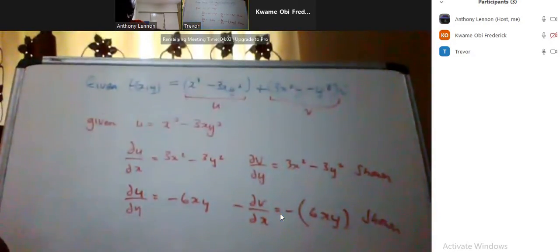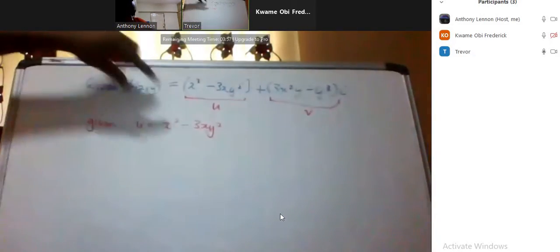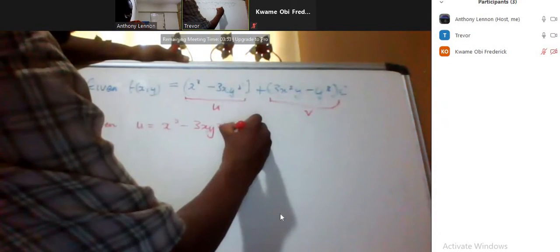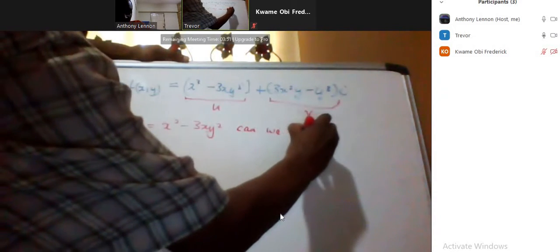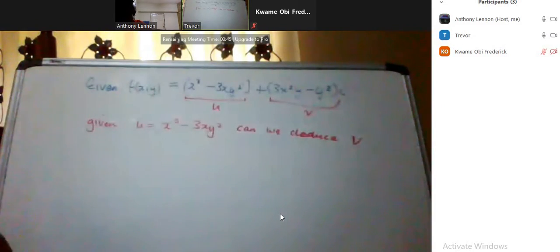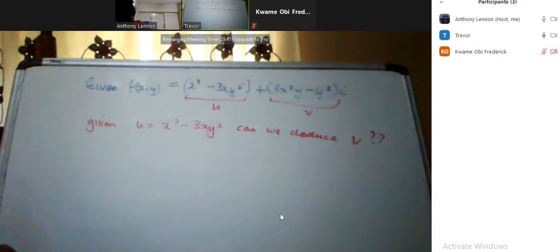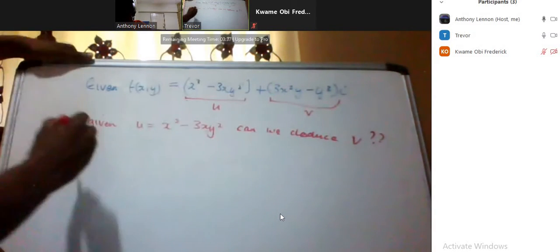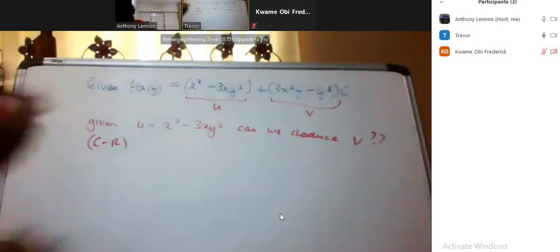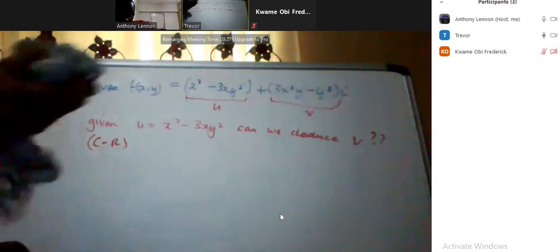All right. So what are we trying to do now? We're trying to say, given this, can we deduce V? That's the question now. Given the Cauchy-Riemann equations, imagine we don't know what this is.